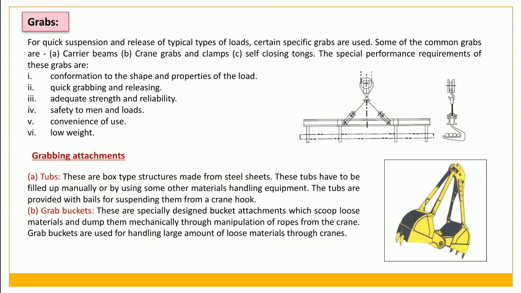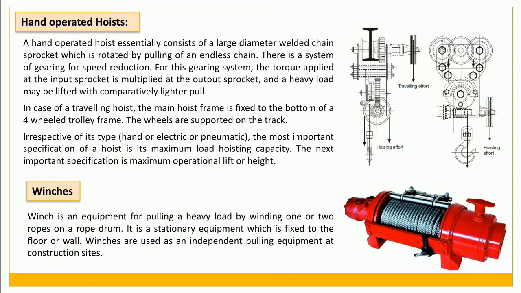Then there is the electromagnet for lifting magnetic materials of different shapes and sizes, like steel structures, beams, plates, scraps, pig iron, and metal chips. The particular advantage of using a magnet for lifting is that it does not need any time for fixing or releasing the load. Then we are going to discuss another hoisting equipment, which is known as the hoist.